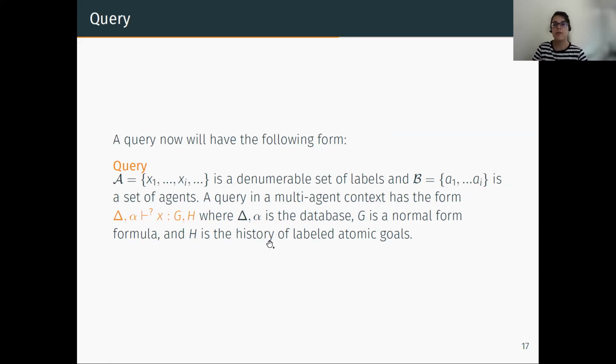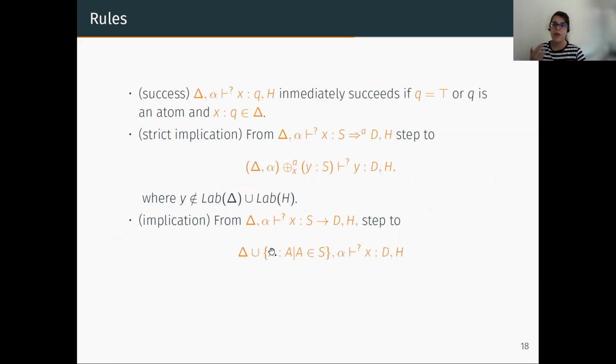So what are the rules for this multi-agent system? First, we're going to have the success rule. It follows the same idea. It will immediately succeed if this atomic formula on that state is in the database, or if the atomic goal is top, it always succeeds. For the rule for a strict implication, if we are asking for a strict implication, this is going to have the same idea as the basic rule.